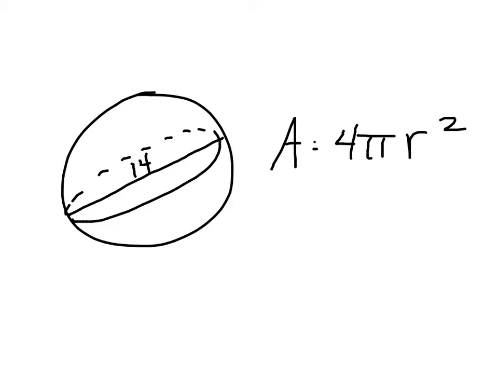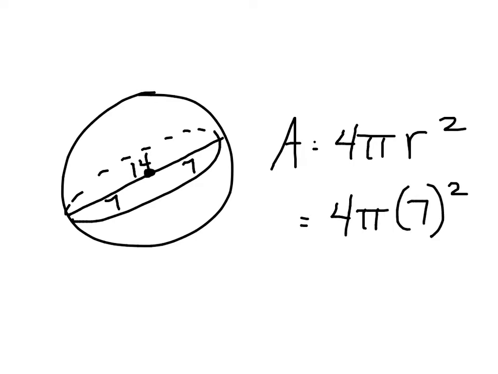R stands for the radius, or at least it did for the cone, so it's got to do the same thing for the sphere. If I give you 14, is 14 the radius? No, it's not. I have to take half of it. What's half of 14? 7. So that means it's 7 on both sides. So to find the area of this sphere, I take 4 times pi times 7 squared.